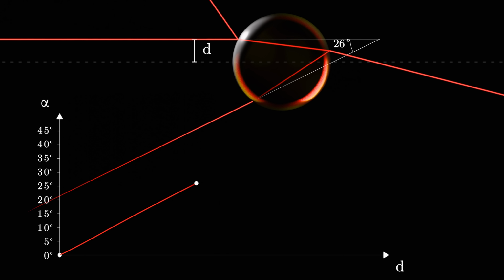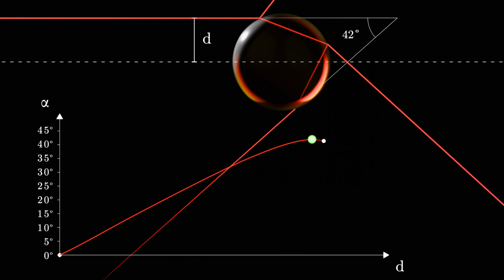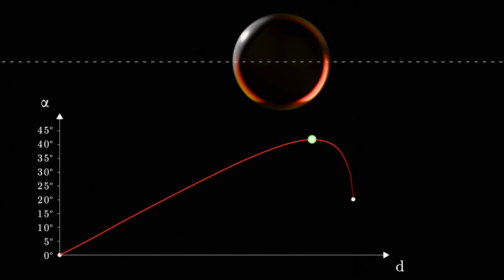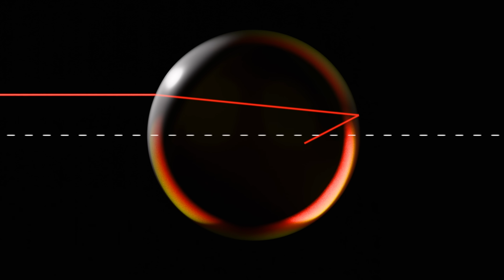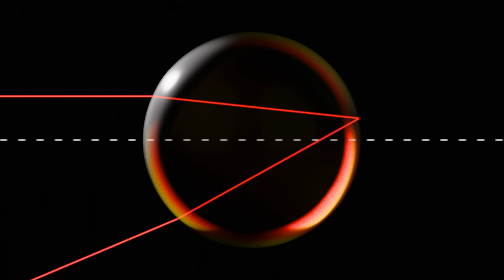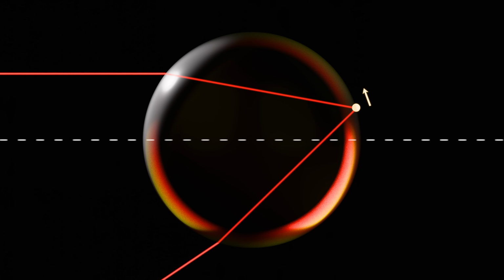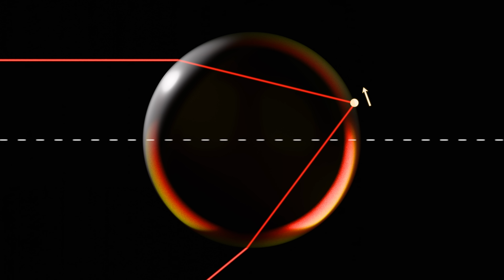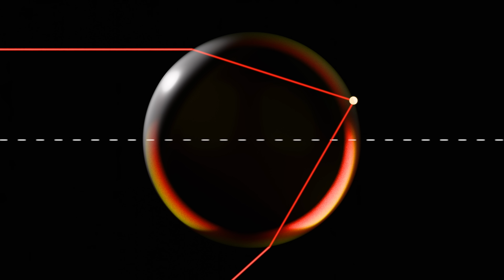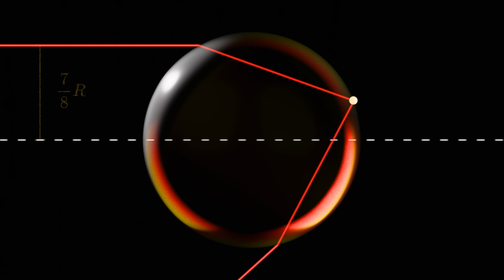Now, you might ask, why does this reflected ray reach a maximum angle and then turn around? Well, the answer is just geometry. As I move the laser up the sphere, although the ray refracts down, the point on the back of the sphere where it reflects continues to move up until you get to this special point, which is about 7/8 the radius of the sphere.